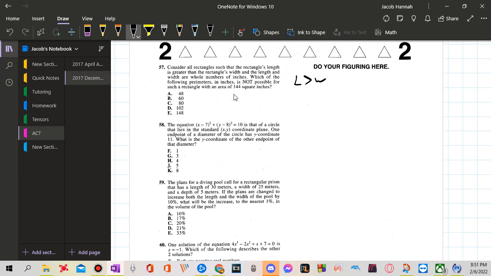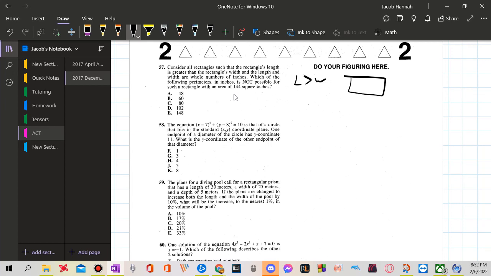Which of the following perimeters in inches is not possible for such a rectangle with an area of 144 square inches? Okay, so 48 is the perimeter.